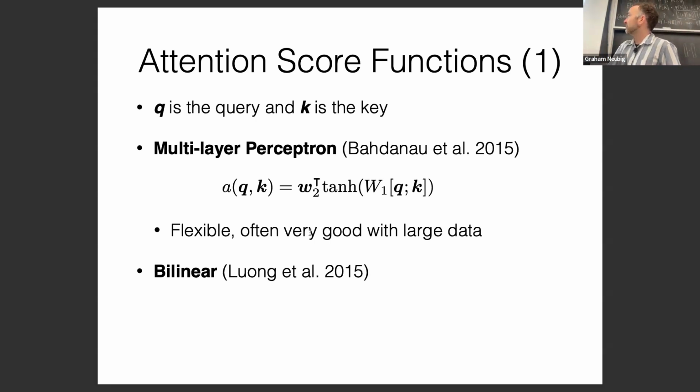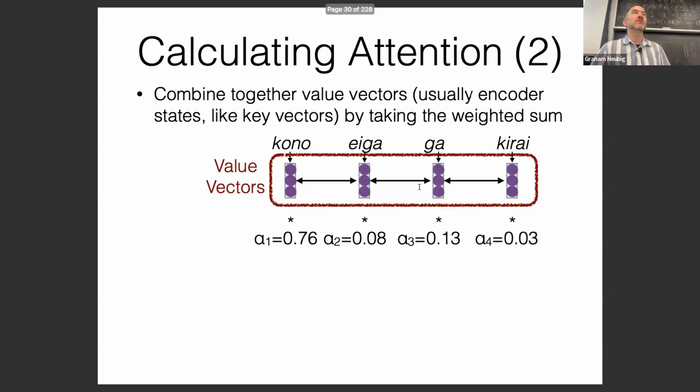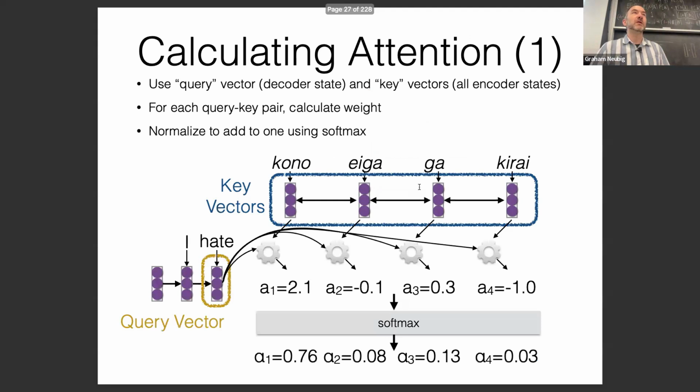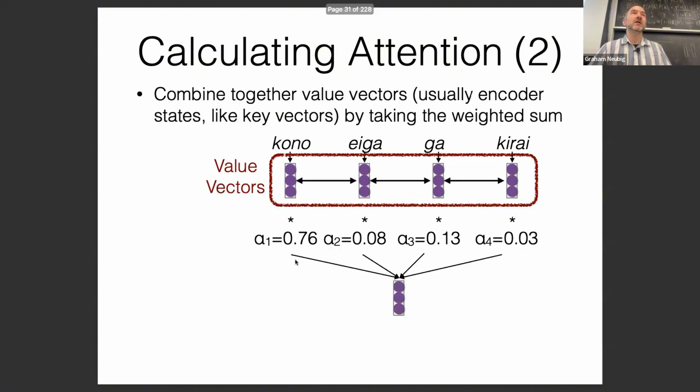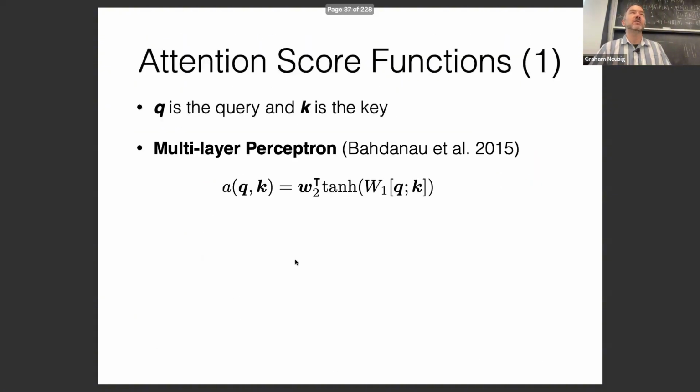The dot product will be larger if the query and key vectors are more similar, and smaller if they are more different. This is very intuitive. If you have words that are similar in embedding space, you would want them to have higher attention values. So this very intuitive thing is actually relatively hard to calculate with the neural network-based attention function.